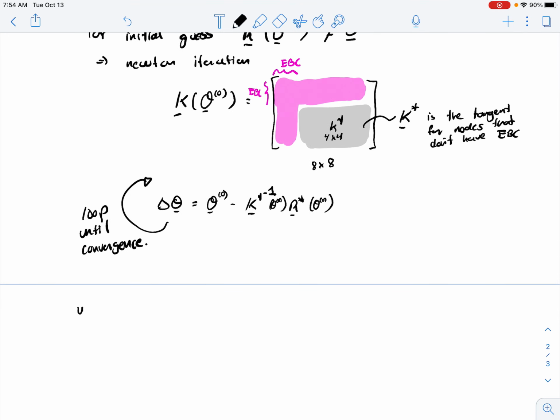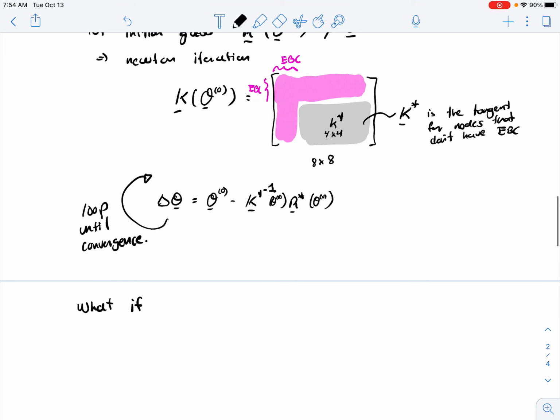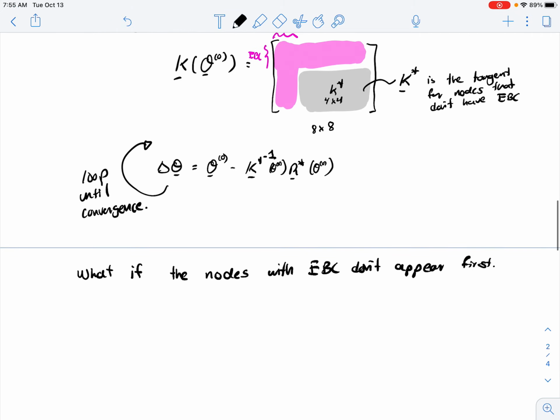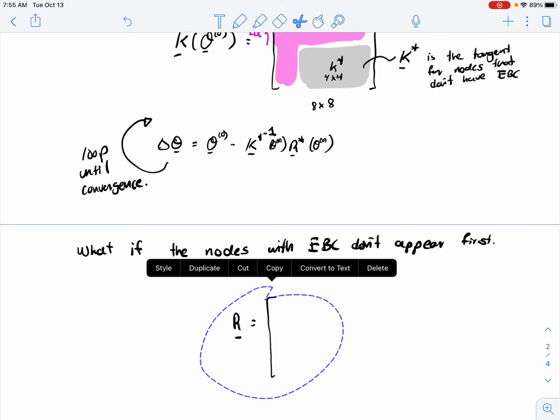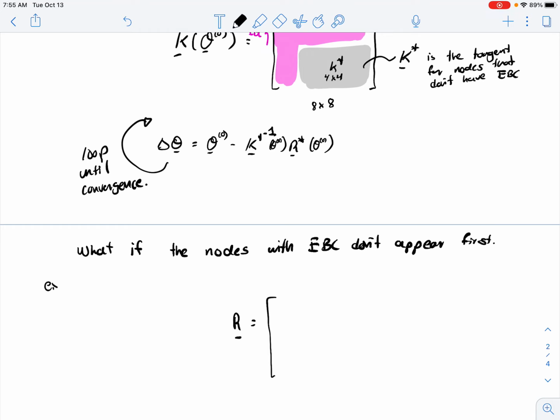Then let me do a what-if scenario. What if the nodes with essential boundary conditions don't appear first? Well, in that case, you would need to get rid of the corresponding rows of R. So let me redo the mesh.